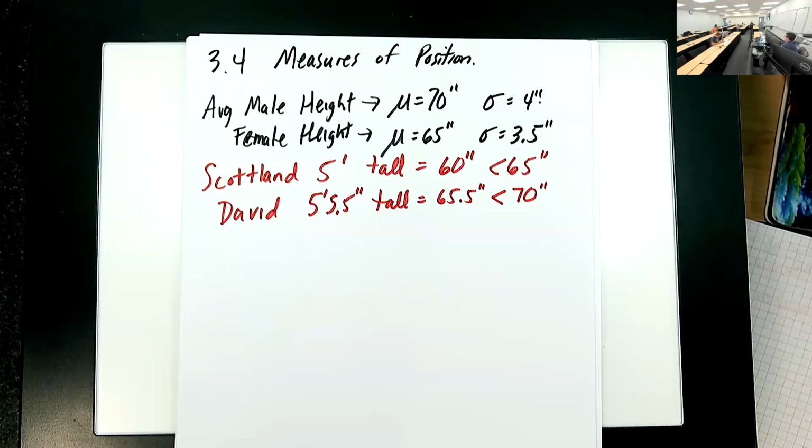So comparing our two heights isn't good, because I'm taller than her, but am I taller than a greater percentage of men than she is of women? Like on a relative scale of our respective genders, where do I stand? Am I at the 20% mark, the 40% mark?